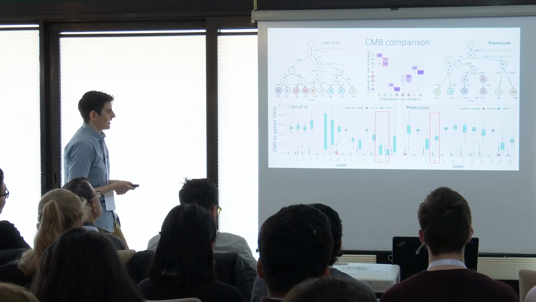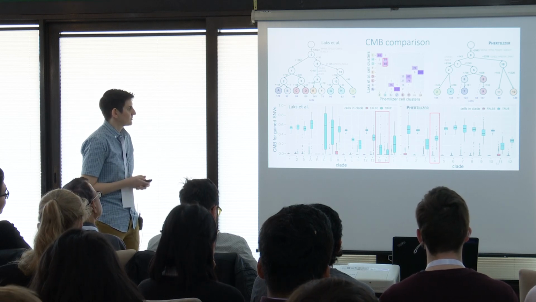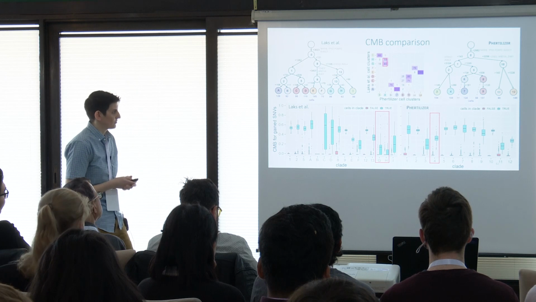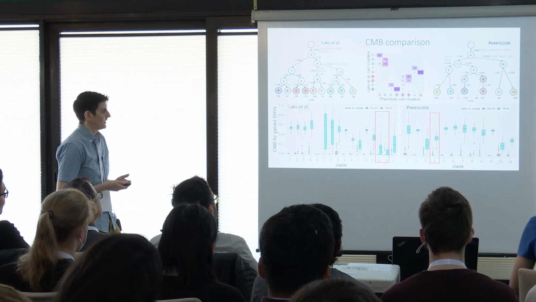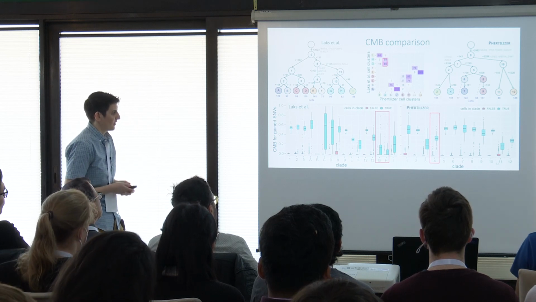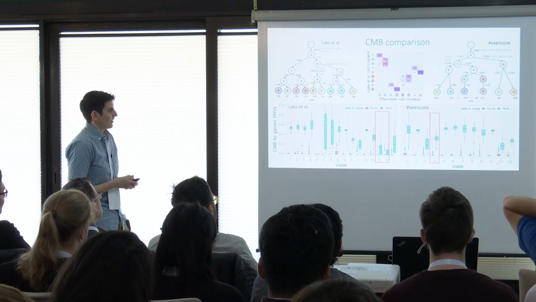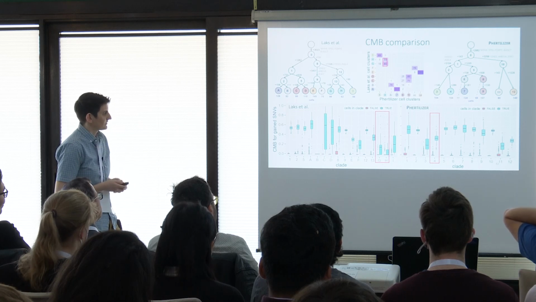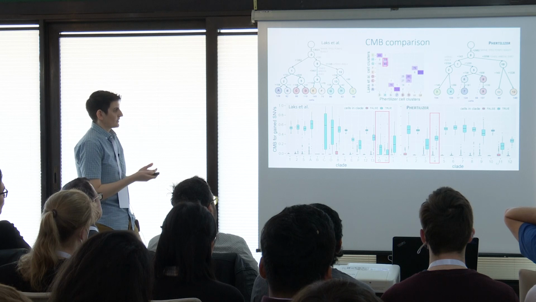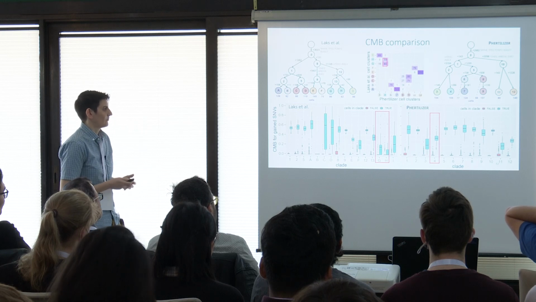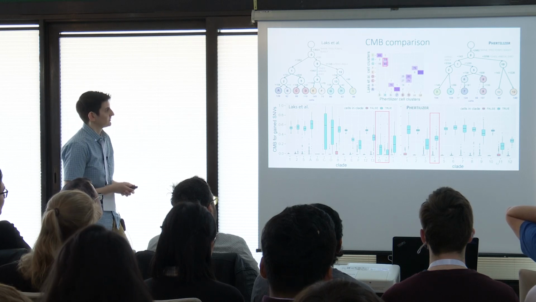In addition, we looked at differences between G and H, where they inferred two clones but Phertilizer only inferred a single clone. Again, this could potentially be the result of overfitting, and we do see evidence of that when we use this CMB metric.